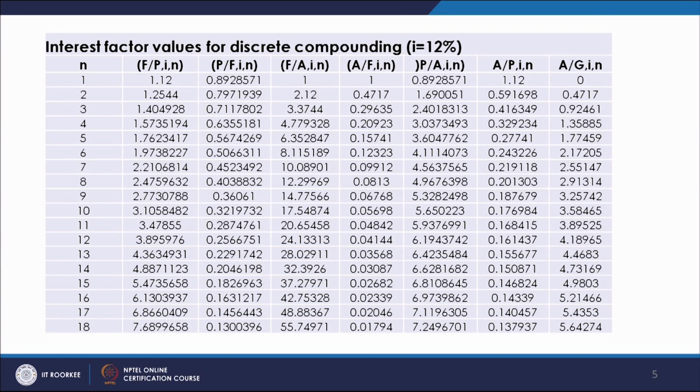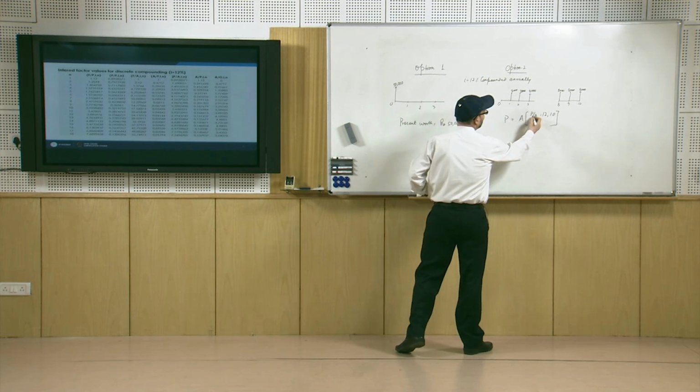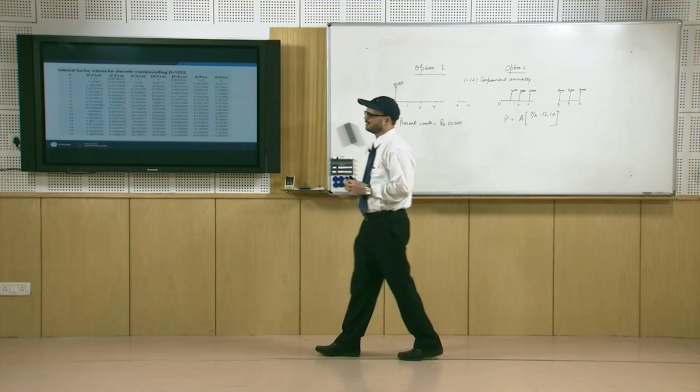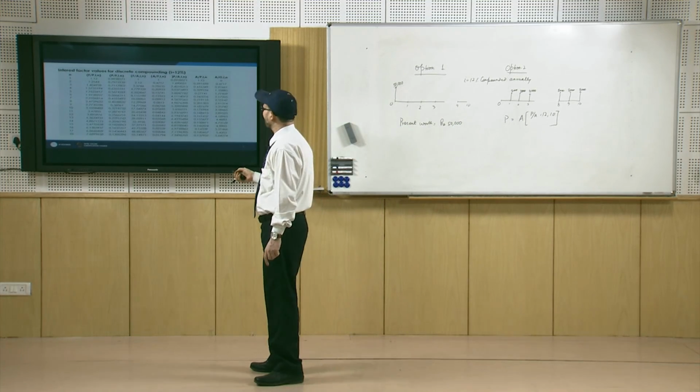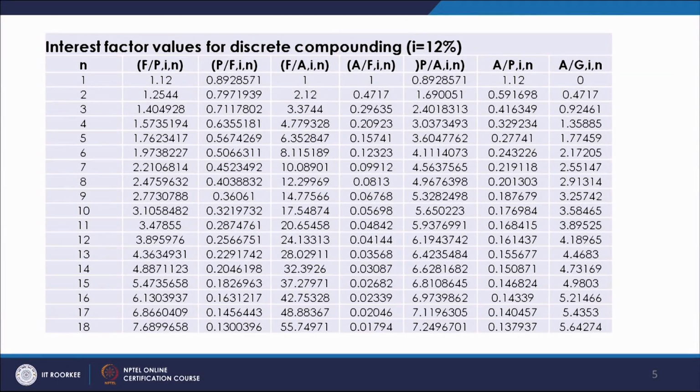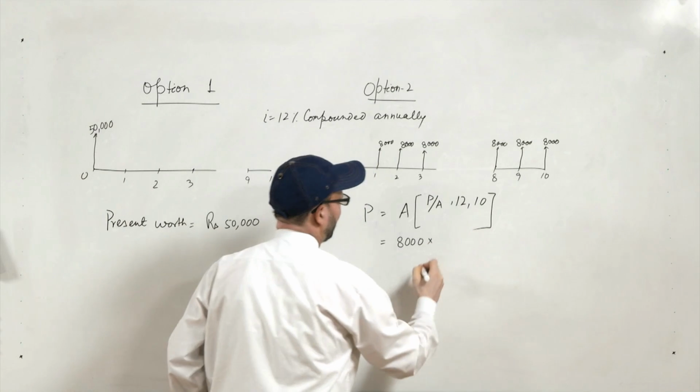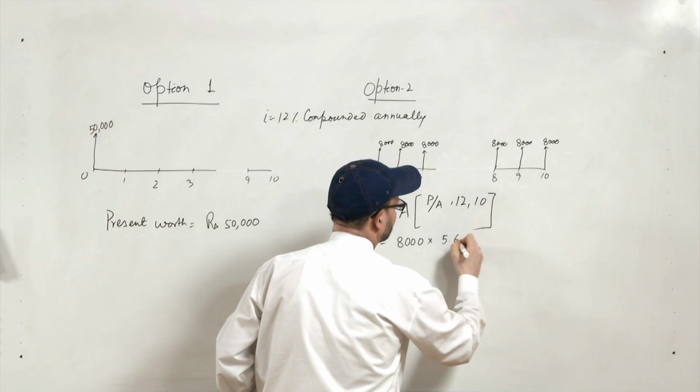In this case you have to get P by A 12 10. If you see here, this is the P by A and this is 12%. Corresponding to 10 you come here and this is 5.6502. So, A is given as 8000 multiplied by 5.65.